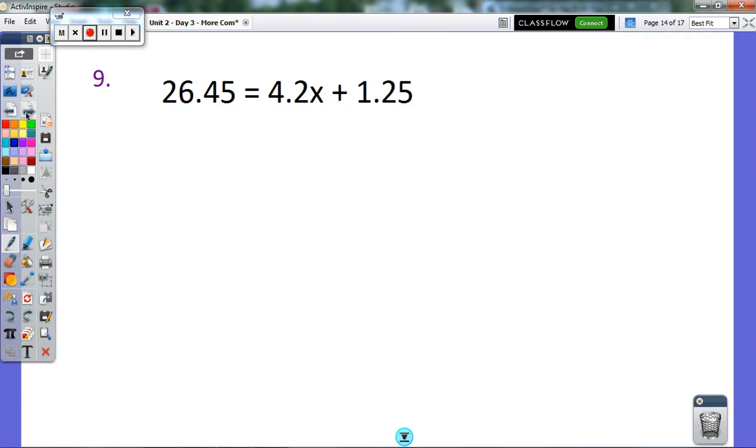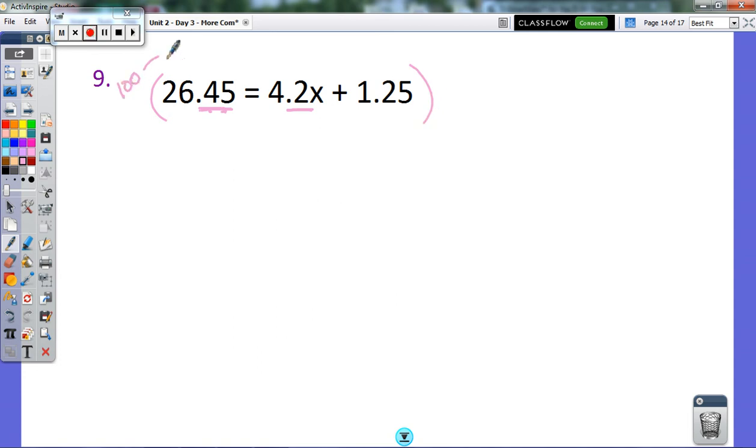So, next question. Oh, it's decimals. How would you get rid of decimals? Okay, so guys, this is 0.45. Isn't that 45 hundredths? 0.2 is tenths. So guys, if I want 2 decimal places to go away, that's my biggest thing, I'm going to multiply every single number by 100.